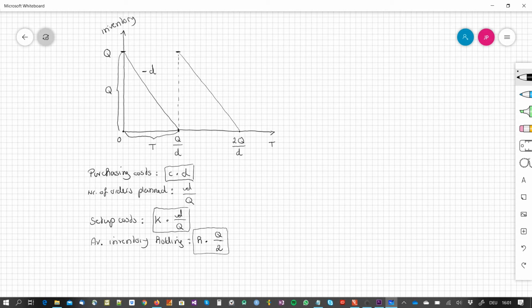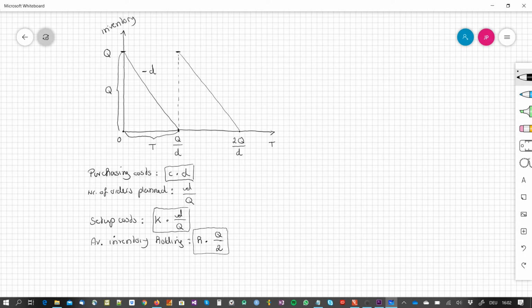And here we have to note that we want to balance these cost factors. So the cost of reordering, the setup cost that we encounter, versus the inventory holding. So you can imagine if the setup costs, so the reordering costs, are quite high compared to the average inventory holding cost, then we want to order more items because then we balance the cost.